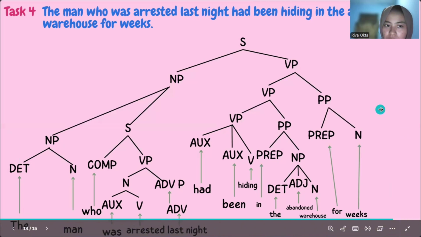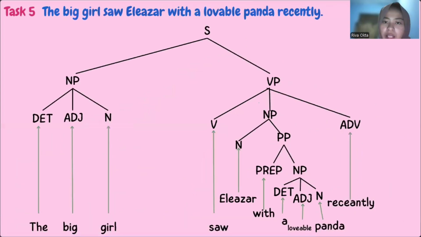And the last text: "The big girl saw a lizard with the lovable panda recently." The subject is divided into noun phrase and verb phrase. The noun phrase is divided into determiner, adjective, and noun.